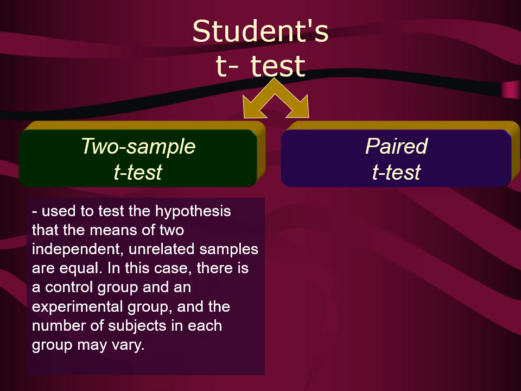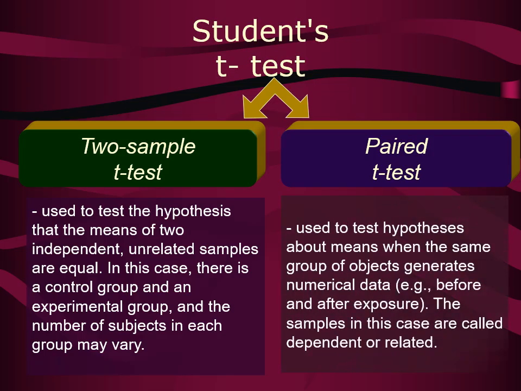Well, the Student paired criteria are used to test hypotheses when working with the same group. For example, they take a group of people and take measurements of some parameters before exposure to some factor, say electromagnetic radiation, and then after exposure.